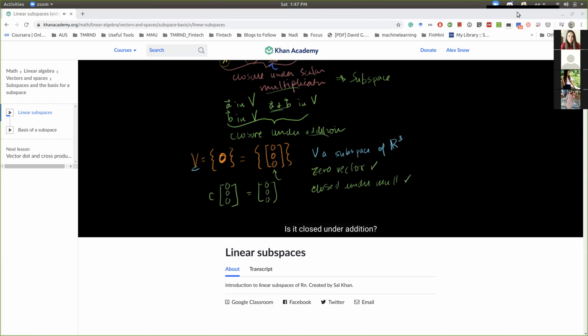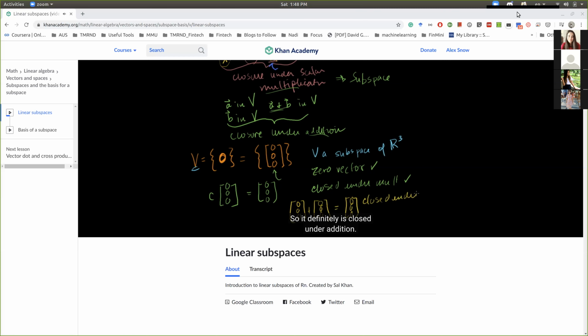Now, is it closed under addition? Well, clearly, if I add any member of this set to itself, there's only one member, or to another member of the set, there's only one option here. If I just add that to that, what do I get? I just get that. I just get it again. So it definitely is closed under addition. Check.